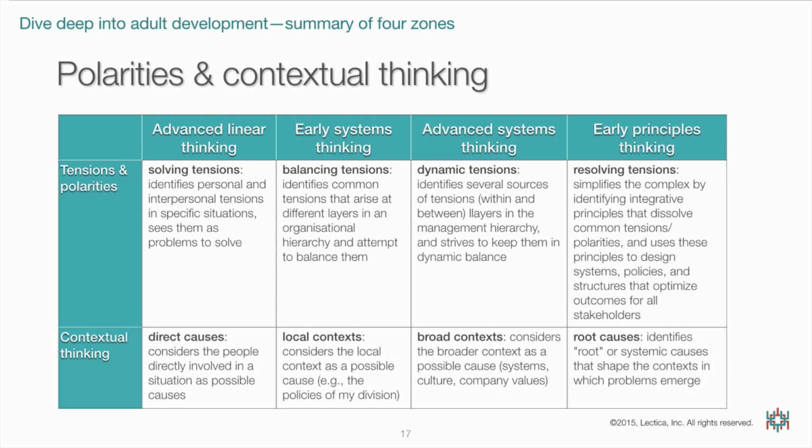In advanced systems, broad contexts are often seen as possible causes, including contexts like systems, the culture, or company values. In early principles, the focus is on root causes, or aspects of the system that shape the contexts in which problems emerge.